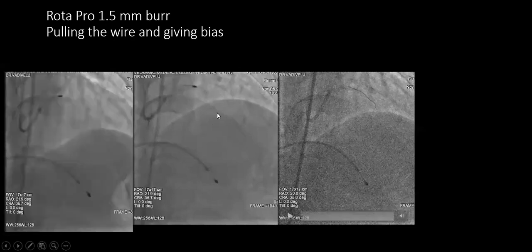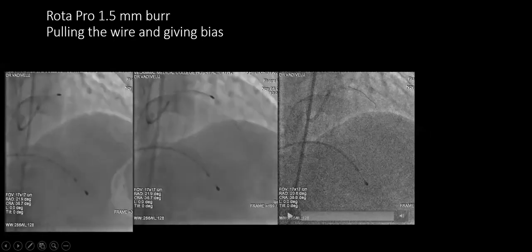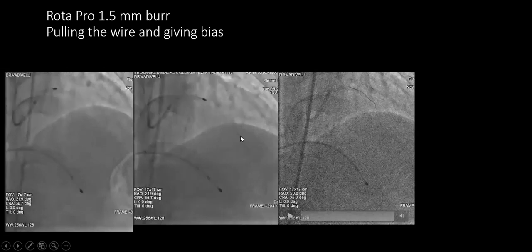Probably we cannot achieve more than this because we always have that ugly angulation. This is the best that could be achieved, and at the same time we shouldn't aim for too much perfection, because if we have too much perfection in calcification, then we will end up with perforation more often. This is an okay result.